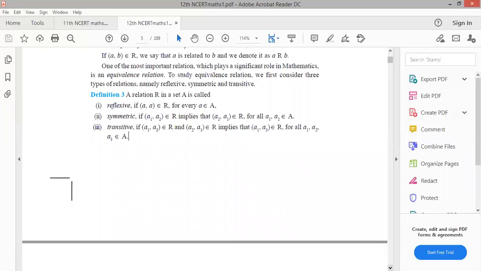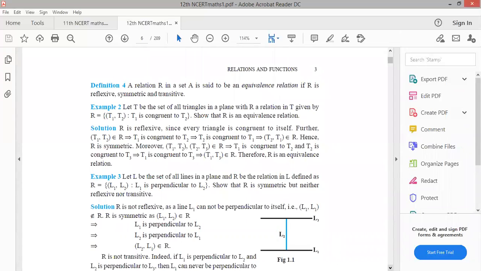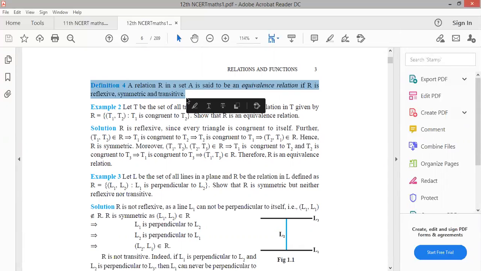Next is the concept of the equivalence relation: a relation that's reflexive, symmetric, and transitive as well. That means it satisfies all three properties of being reflexive, symmetric, and transitive. Such a type of relation is called an equivalence relation.